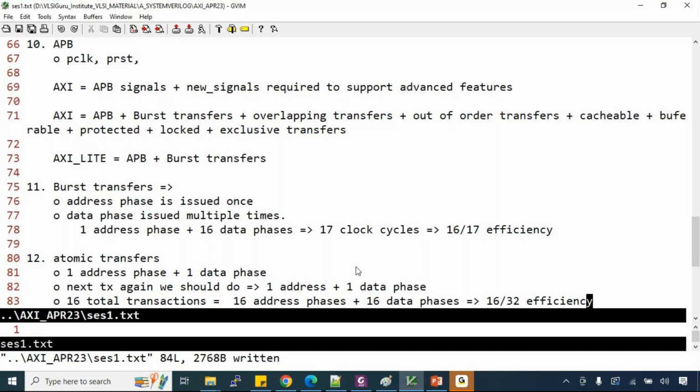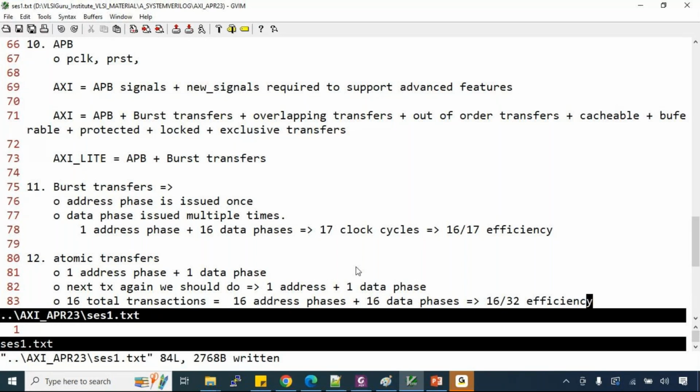So all the high performance protocols like AXI, AHB, they all support burst transfers. Wherever you come across the term burst transfers, the meaning is simple. Address is issued once, data phase is issued multiple times.